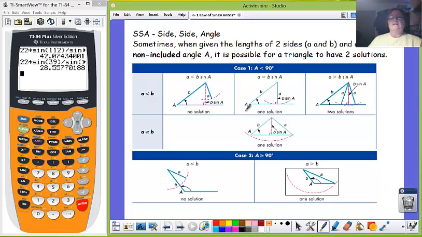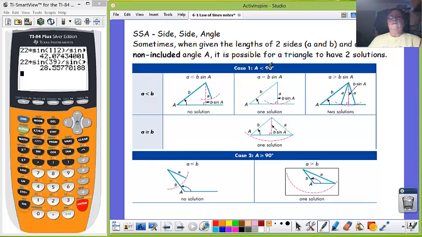Now, I've copied a table here from a textbook that we've used in the past, and it breaks this down really nicely. First of all, if we want to decide how many triangles are possible given a certain scenario, we should look to see whether the angle that we're given is acute or right or larger. So acute or not is basically what we're looking for here.